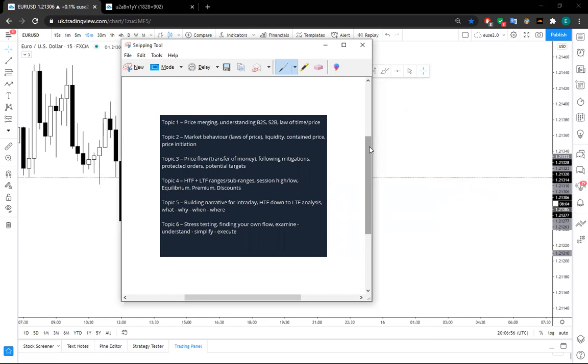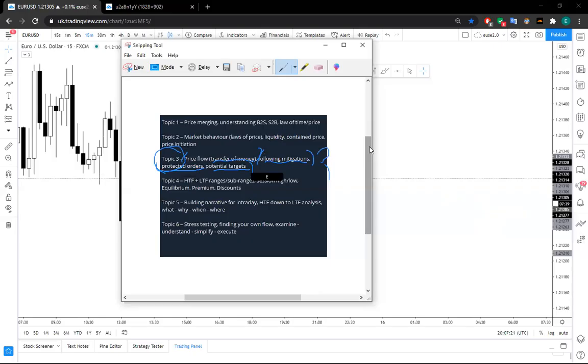So topic 3 is price flow, transfer of money, following mitigations, protected orders, and potential targets. As you guys have seen already in the markups, myself and M have shown these.